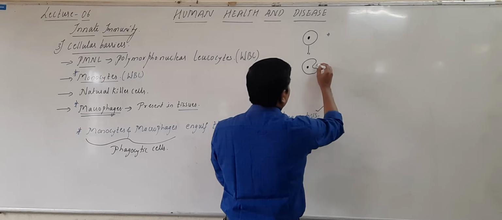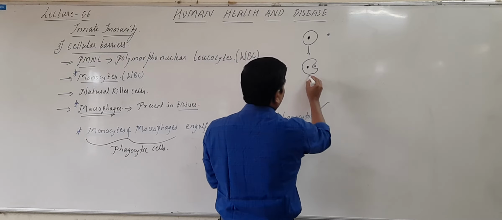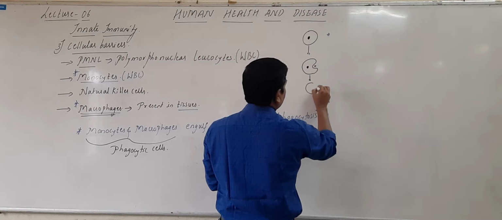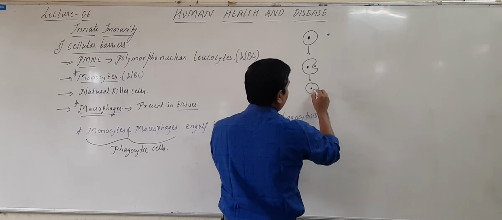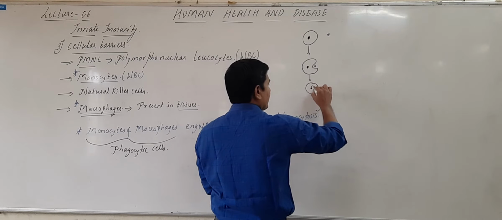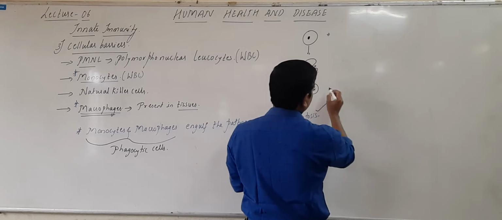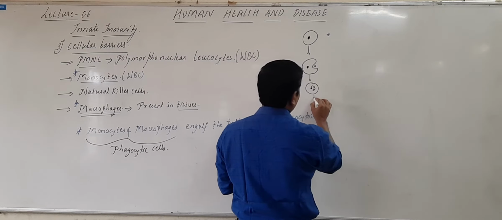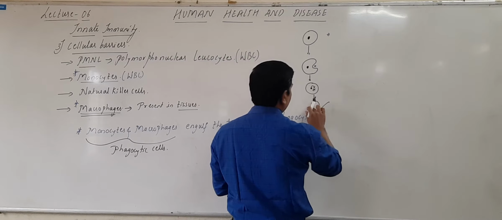Then it will take the pathogen inside its body, and ultimately by secretion of certain chemicals it is going to kill it. Then after killing, next what will it do? Egestion.